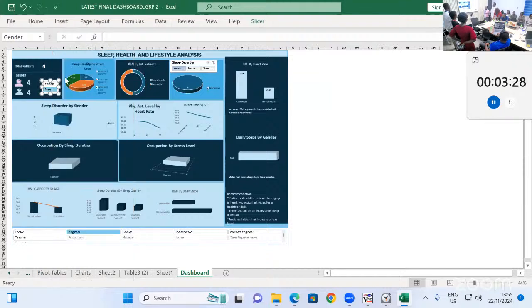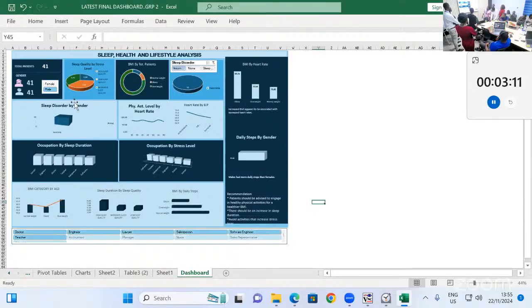It's not showing the initial visualization, but in the initial visualization you would see that the males have more daily steps than the females. So we can say that the males engage in more physical activities than the females. Thank you.